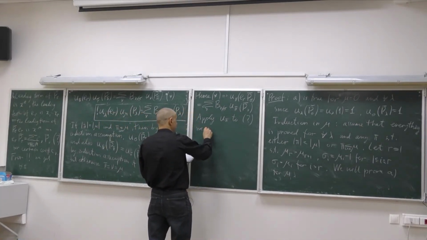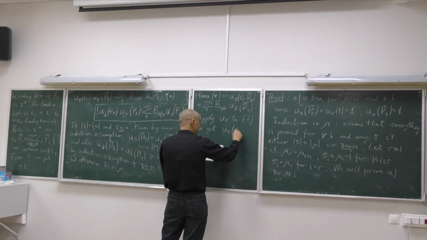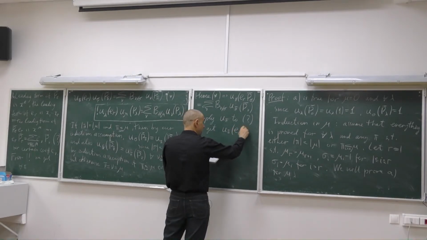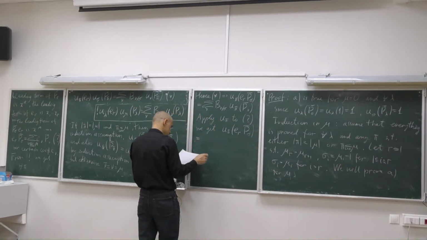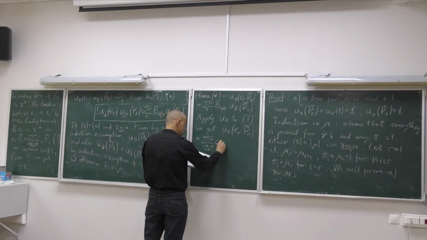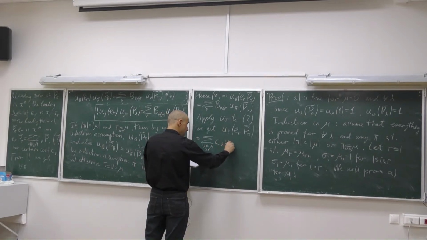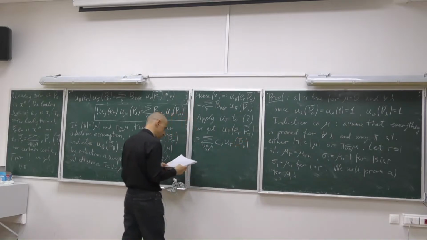We get evaluation at pi over er p sigma is the sum over all nu less than mu, c nu u pi over p tilde nu. Okay.